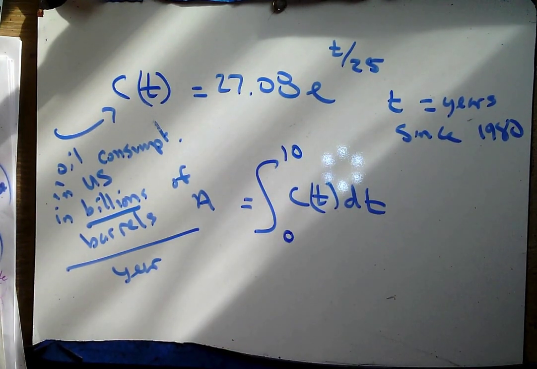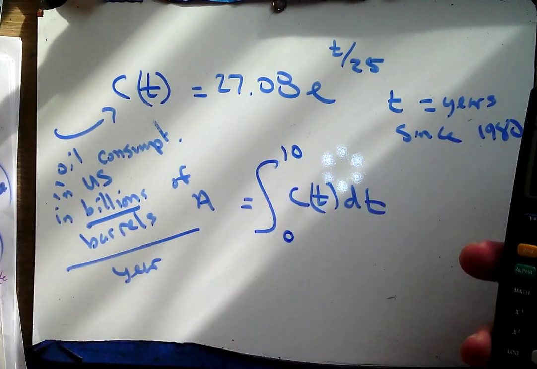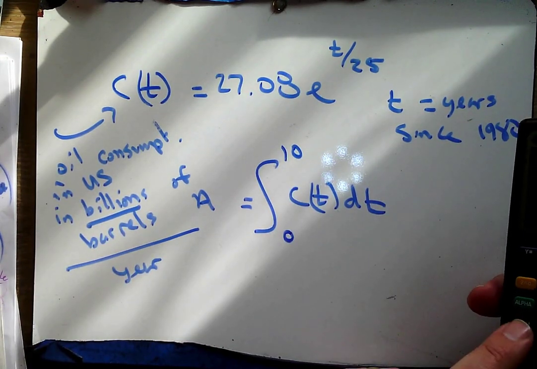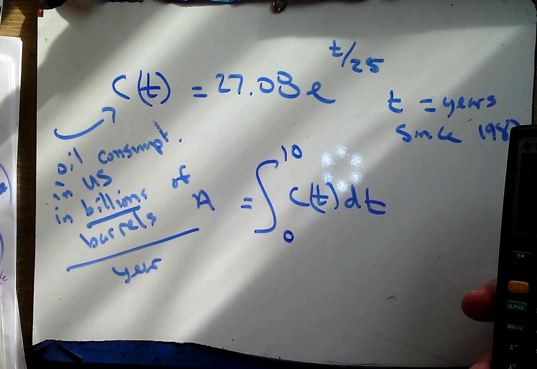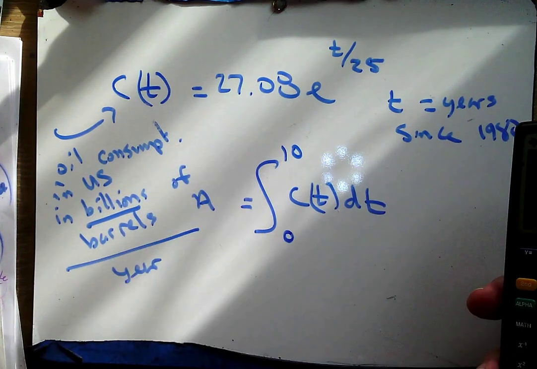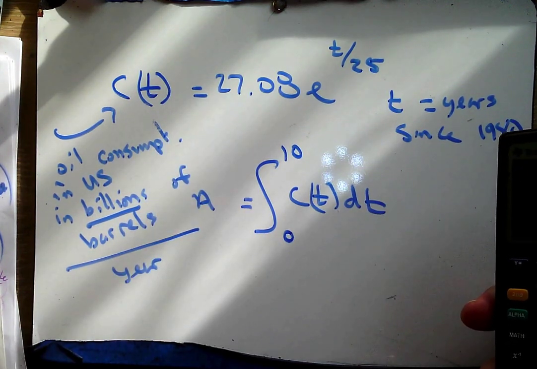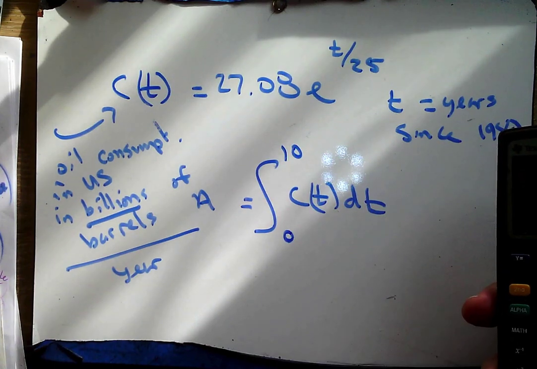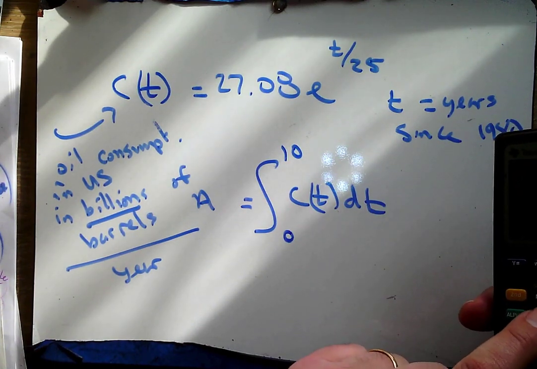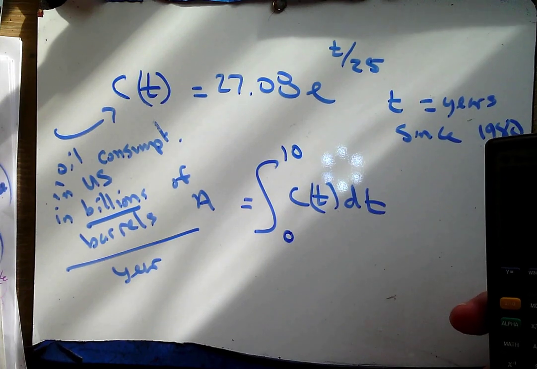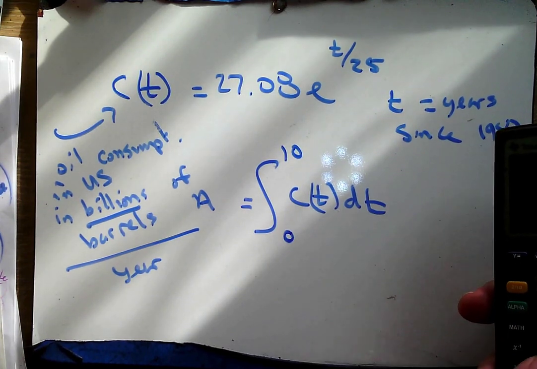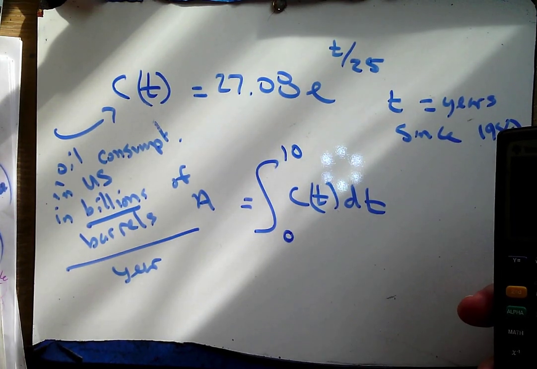And again, I'm just going to do this on my calculator. I'm going to say the integral of 27.08 e to the x divided by 25, comma x, comma 0, comma 10.